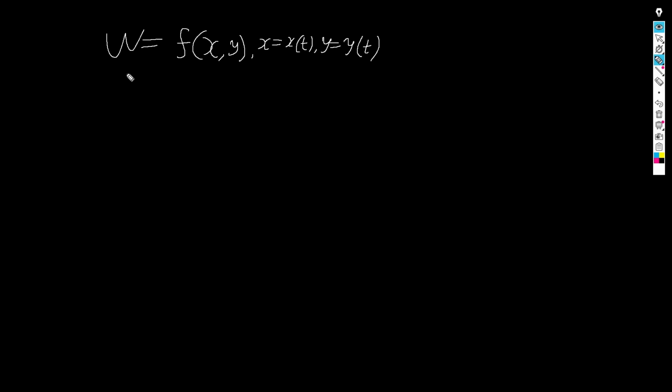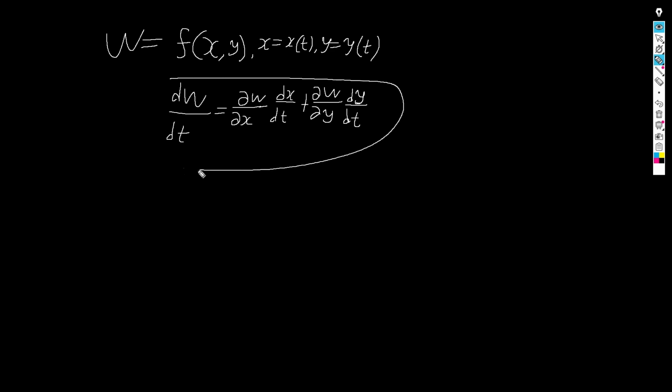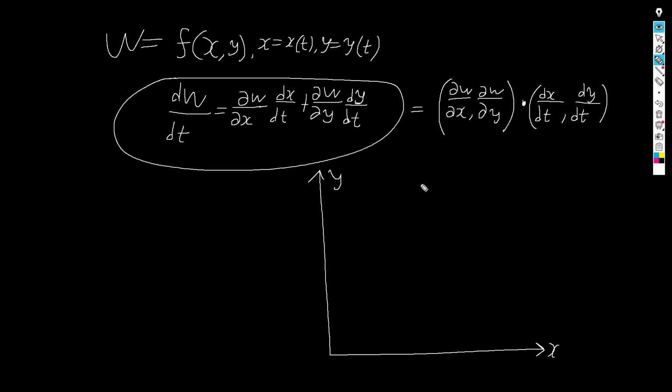So let's say again that we have this w, which is a function of x, y, or just 2 variables, and then those variables are functions of 1 variable. So we already know that this is the chain rule for the derivative with respect to t, and now we know that we can just rewrite this as a dot product of 2 vectors.